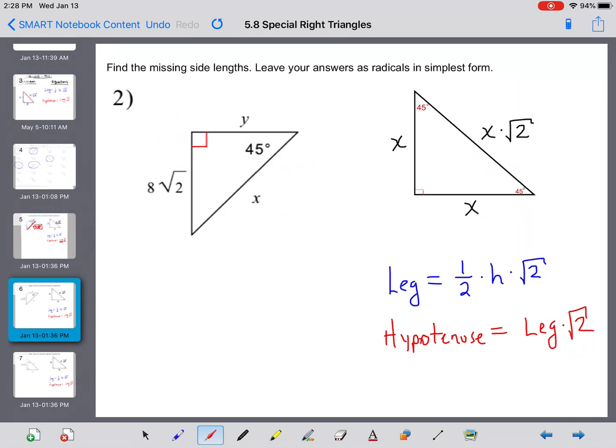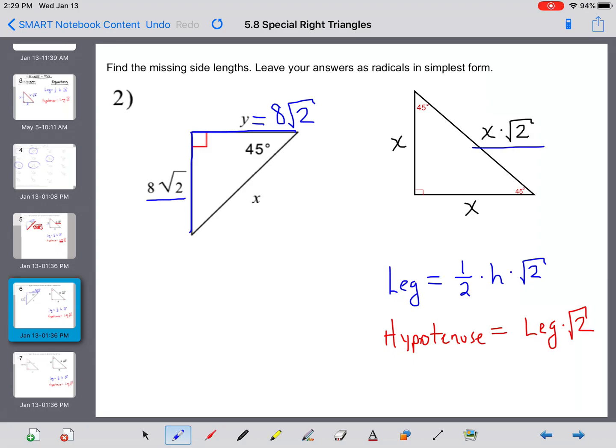Number 2. In this example, we're given the same leg, however it looks a little bit different. This leg is 8 times the square root of 2. When we're given a leg, finding the other leg is very easy because it is the exact same thing. So y is going to be equal to 8 times the square root of 2. We can either look at our diagram or our equations.